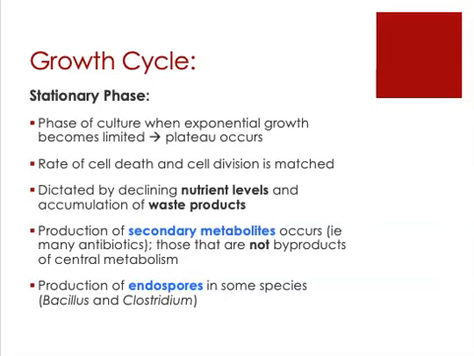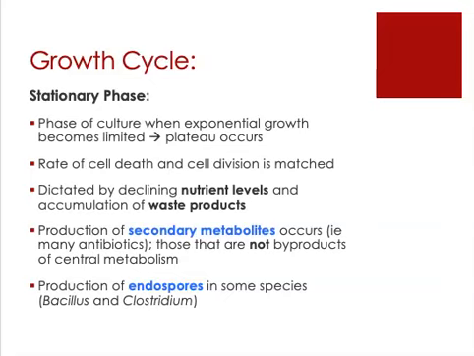Well, this is a time when the rate of cell division is being matched by the rate of cell death. Those cells have been in culture long enough now that some of them are going to start dying. So for every 2 new cells that get made, 2 of the old cells are dying. And that's why the cell number plateaus.